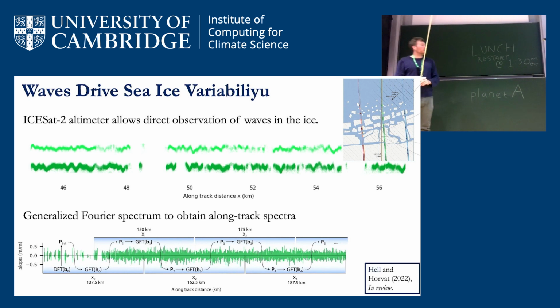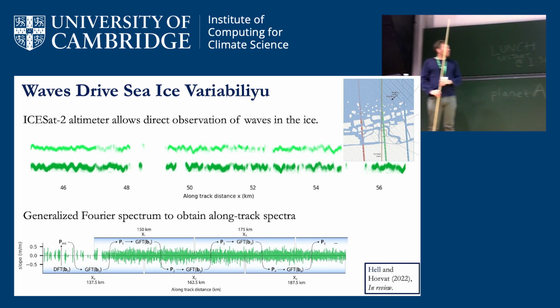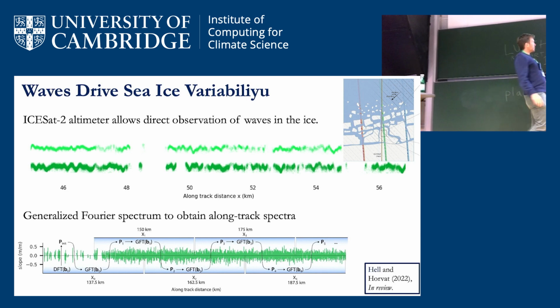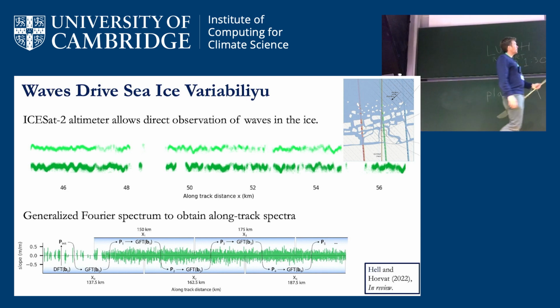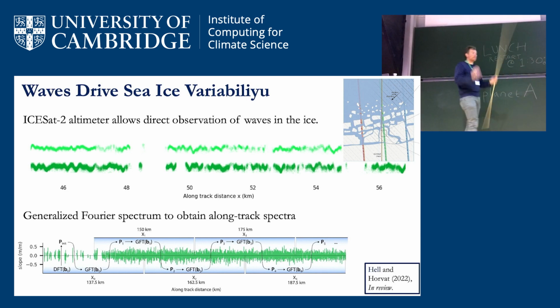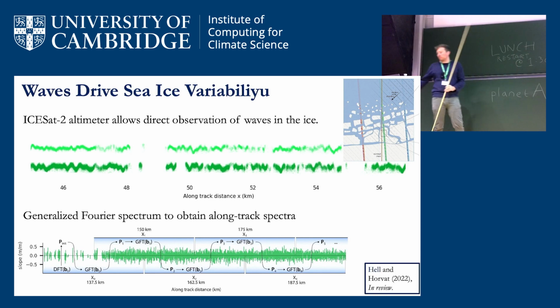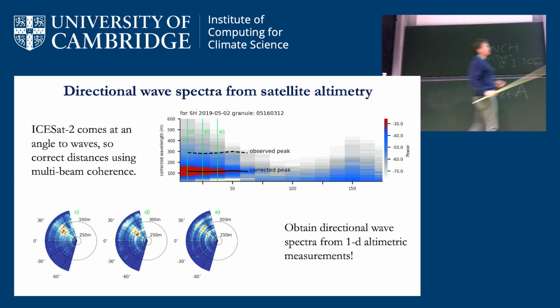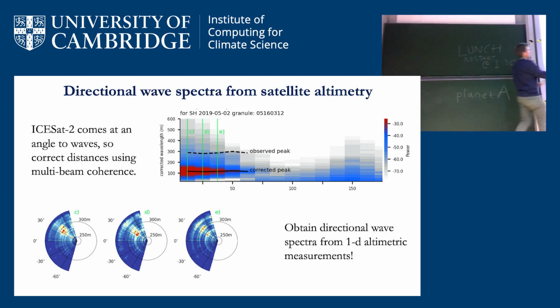You can use a bunch of nifty math to separate out the spectral composition of the waves using a generalized Fourier transform technique, but also, by leveraging the fact that these have multiple beams, you can exploit the cross-beam coherence and get directional spectra. What Moma's done is really fascinating.